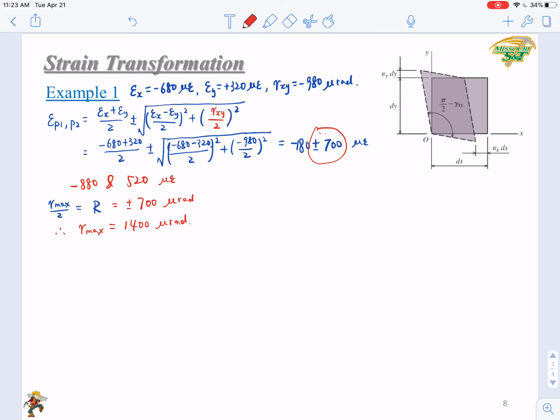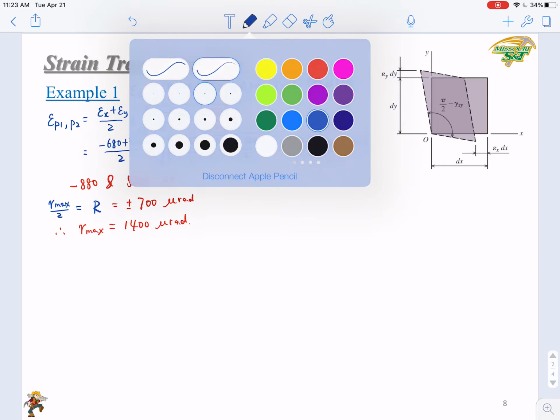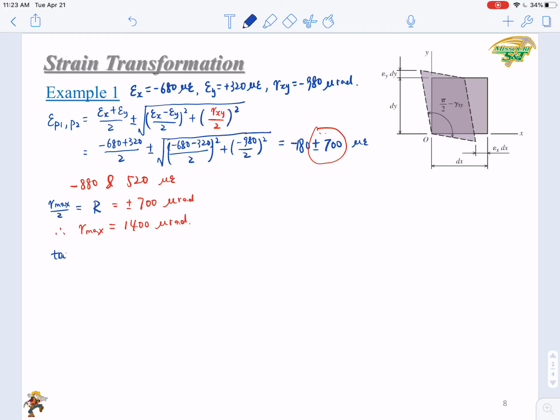Then we can calculate the angle. Tangent 2 theta p equals gamma xy over epsilon x minus epsilon y. In the strain equation, we do not have over 2 anymore, so keep this in mind.